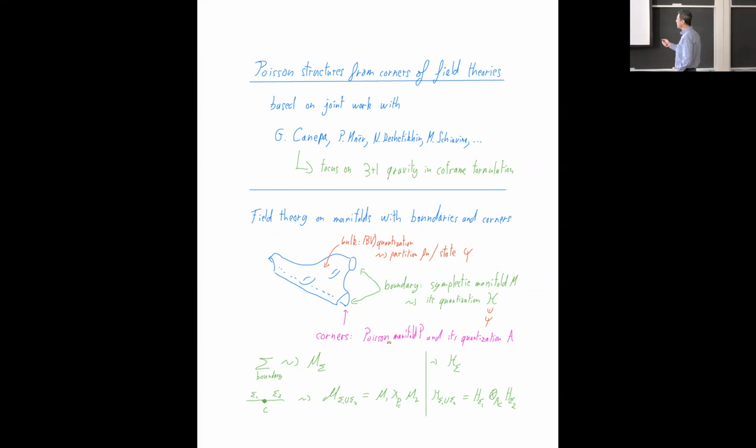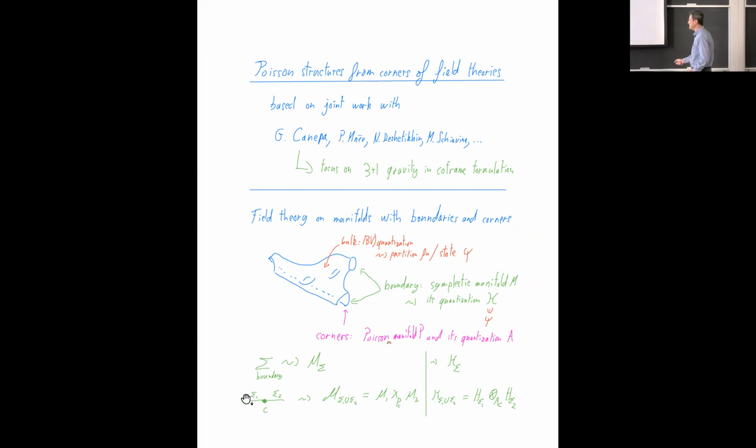Now, let me discuss both pictures. The quantum picture is probably easier to discuss, even though it's more difficult to achieve, because it's just linear algebra. In the quantum picture, you expect to associate some vector space to the boundaries and some vector to the bulk. And what you expect to associate to the corner is some algebra that acts on the vector spaces.